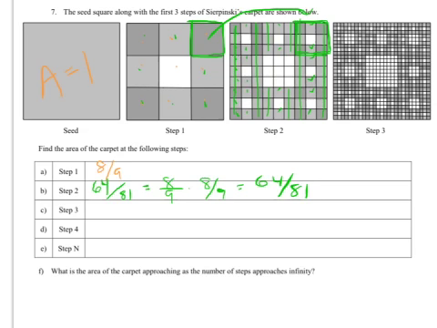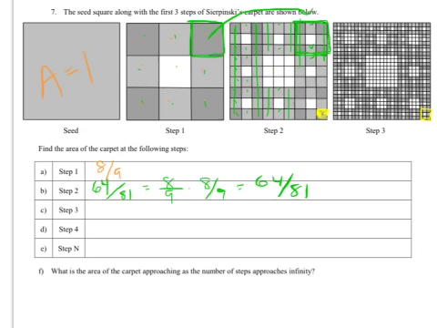So for step 3, I could try counting, although it would be tedious. Or I could say, well, I did the same thing in this step as I did in the previous step. For each tiny square in step 2, for this little square here, I broke it into 9 pieces and kept 8 of them.